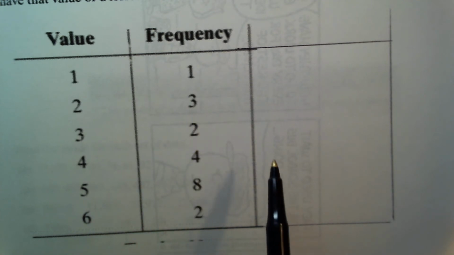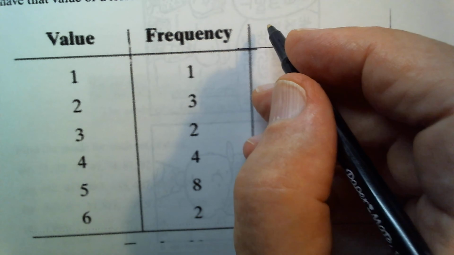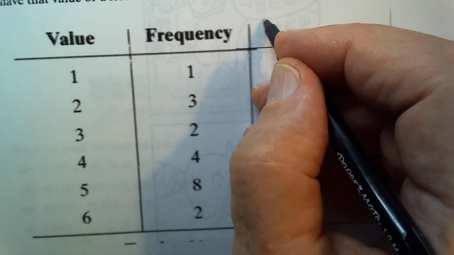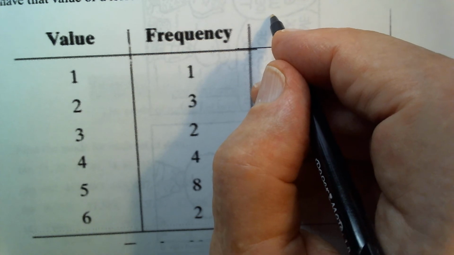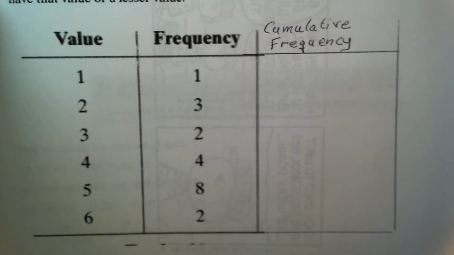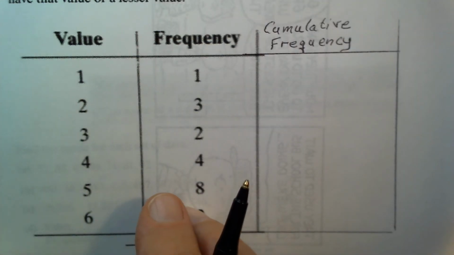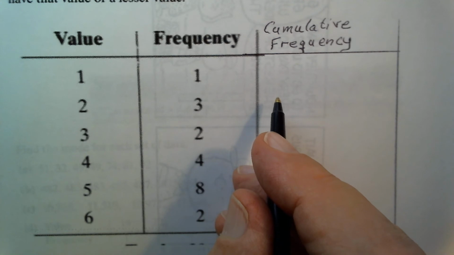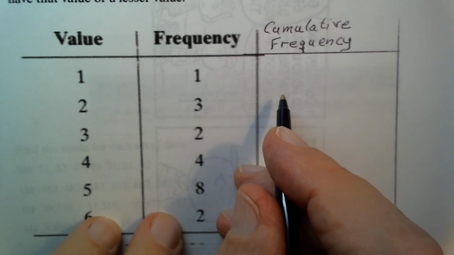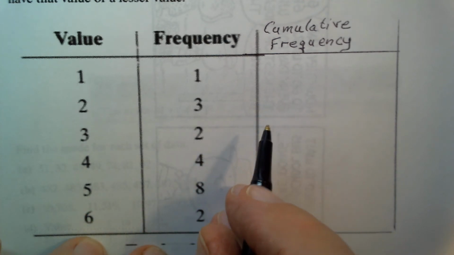Then the third column would be the cumulative frequency. You've seen this before when we talked about frequency distributions, but we never really explained why we need it. Now you see why this is important to know.